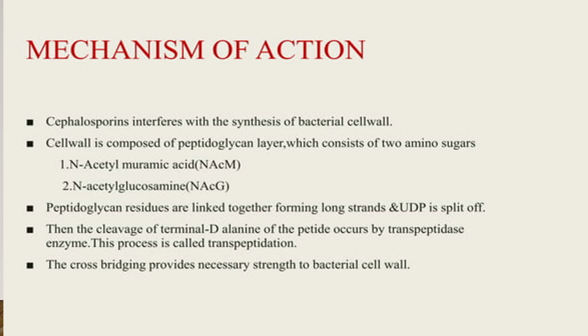The cross bridging provides necessary strength to the bacterial cell wall. That means D-alanine is going to form a cross bridge with another peptidoglycan ring, and this process is known as transpeptidation.